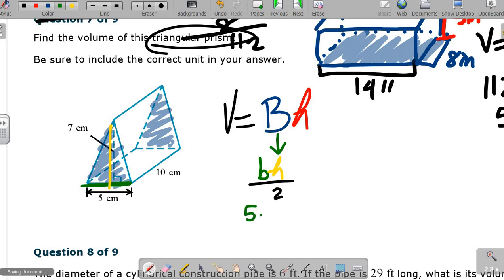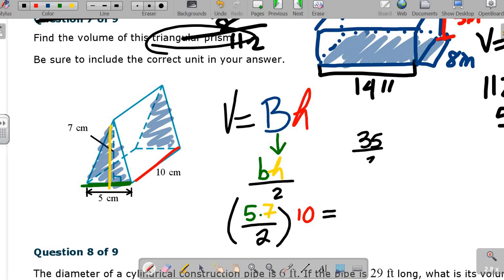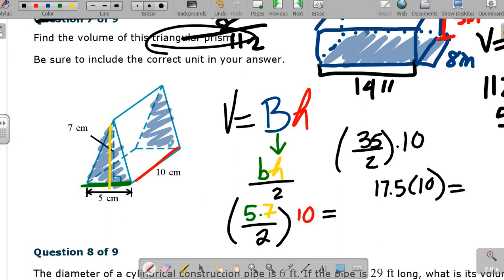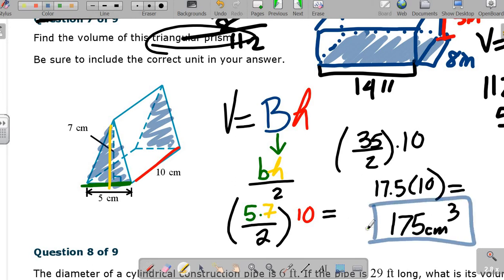Our height is 7 over 2 times the height of the prism, which is 10. And 75 centimeters cubed.